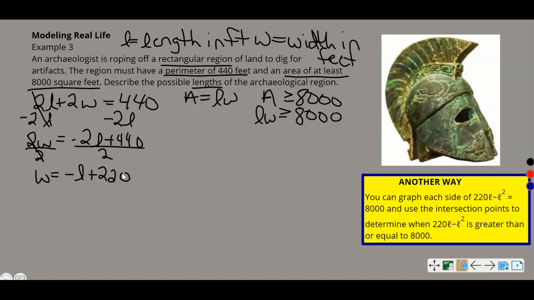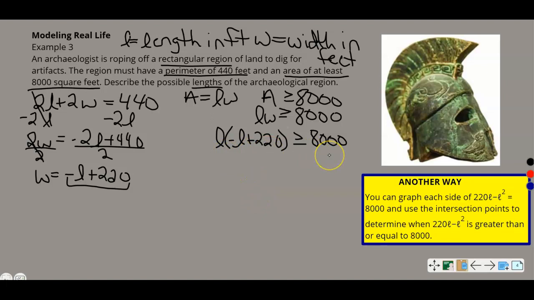Now I can substitute this in for W. This is just substitution. If two things are equal, I substitute. So I have length times negative L plus 220, which is equivalent to my width, and that's greater than or equal to 8,000, which is the area.